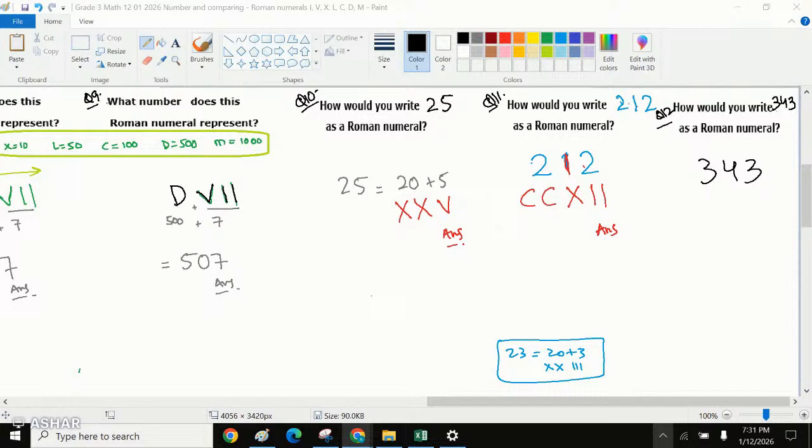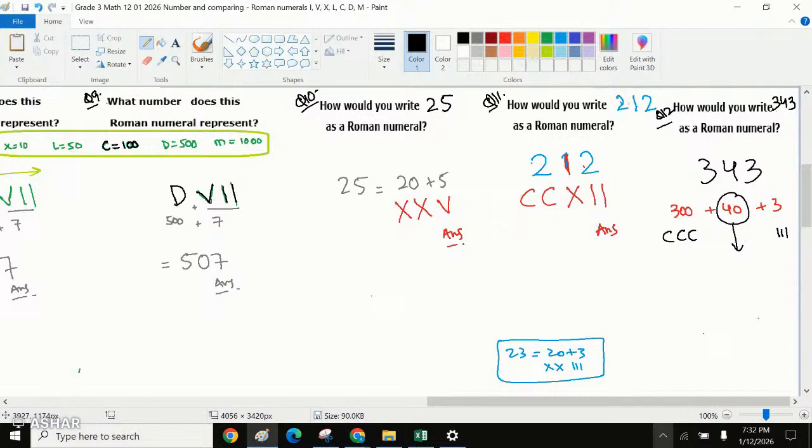Okay, no problem. We have 300 plus 40 plus 3, right? Since C is equal to 100, we can write 300 as CCC. And 3 can be written as III.